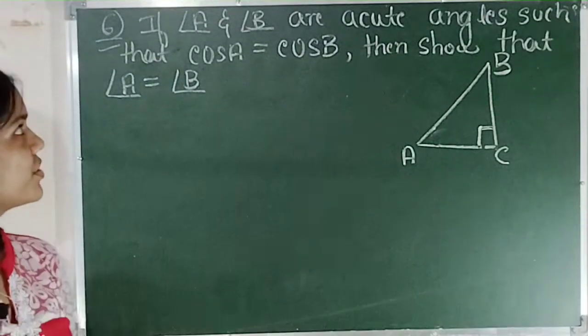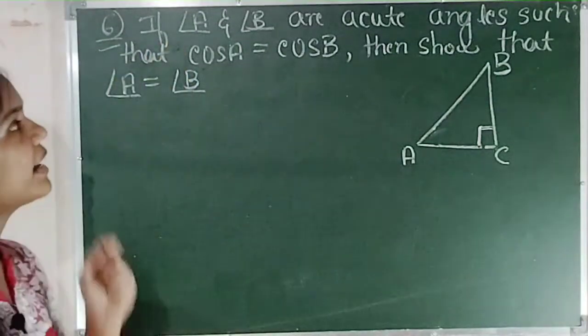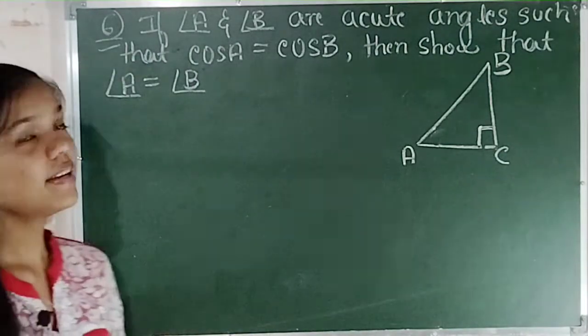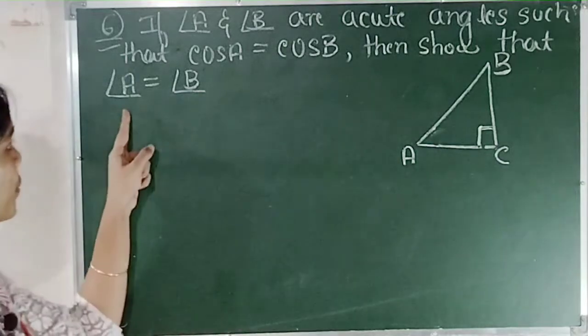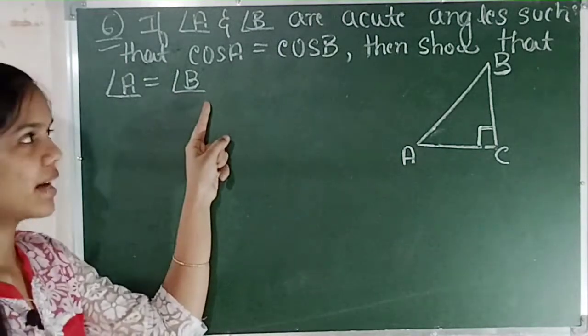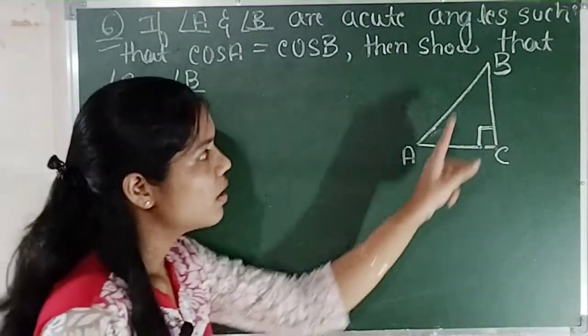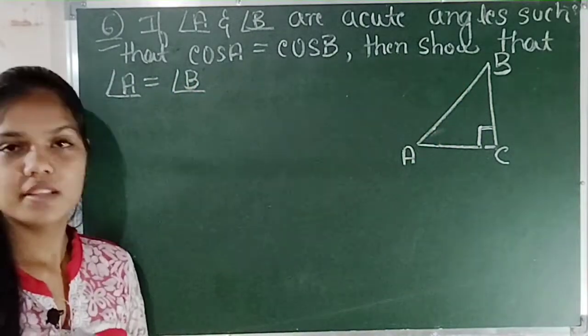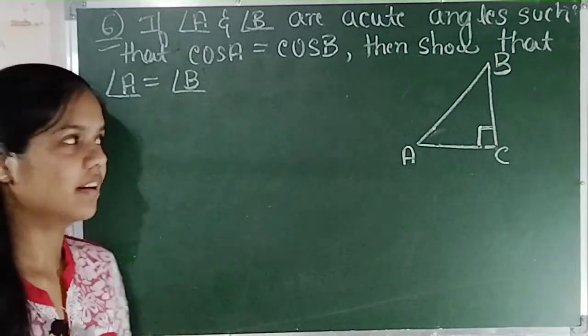So the sixth question. If angle A and angle B are acute angles such that cos A is equal to cos B, then show that angle A is equal to angle B. So let us draw a right angle triangle. This question can be solved using the properties of isosceles triangle.